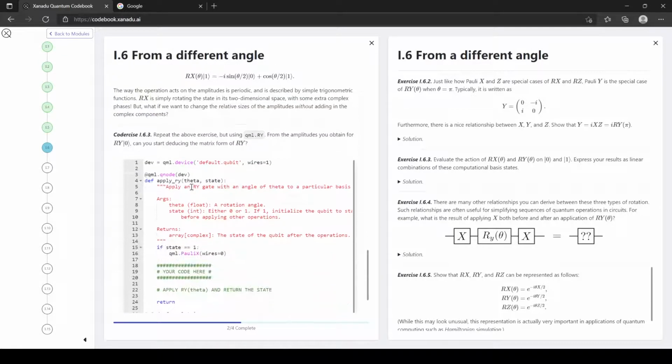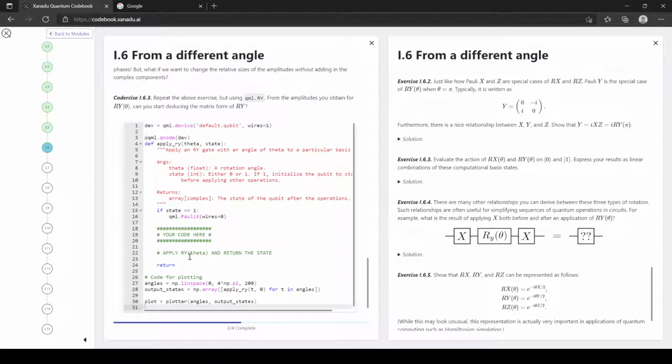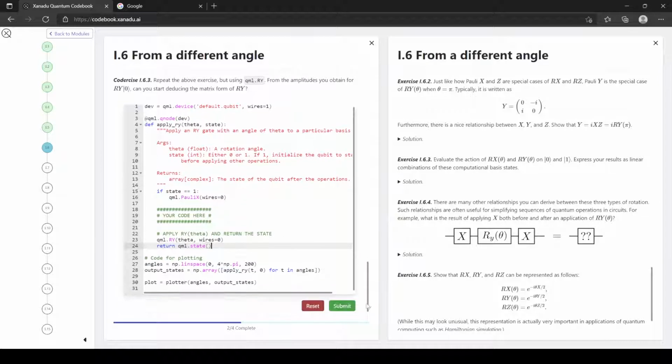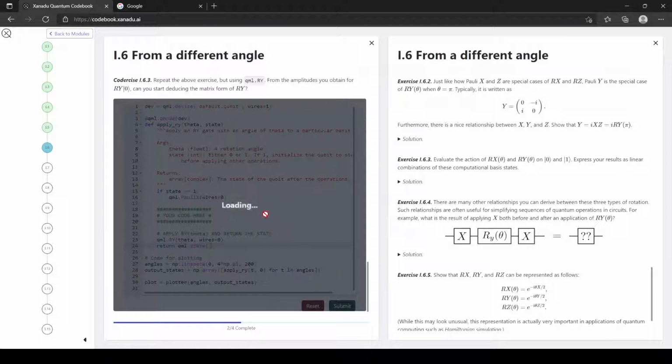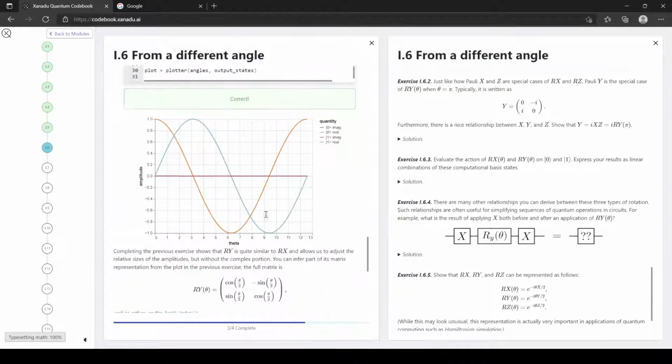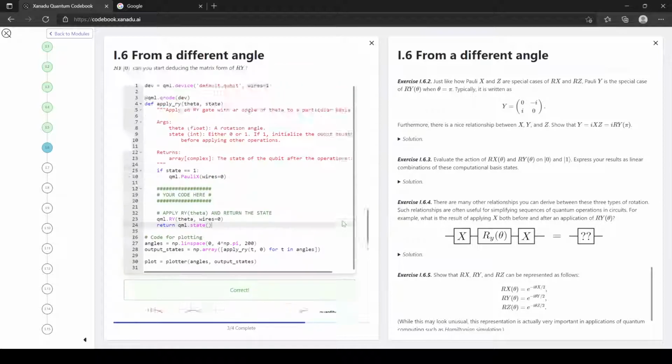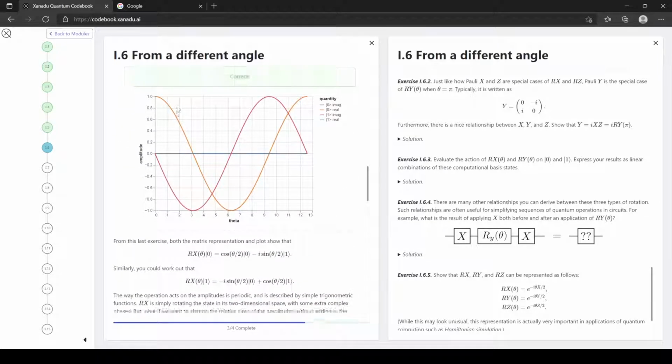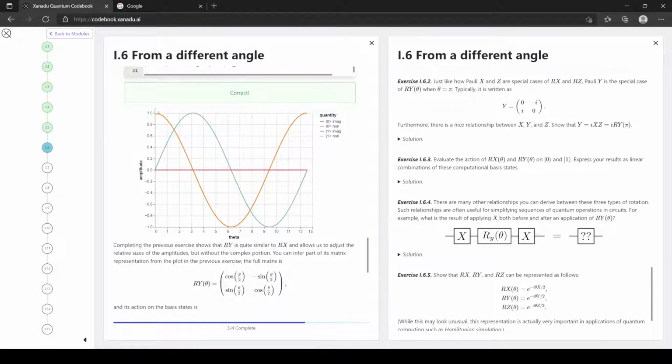Repeat the above exercises, but do Ry. So it's the same sort of principle. All right, let's see what this yields. You can see a similar sort of pattern. Here's the 1 state. In fact, it's the same pattern.